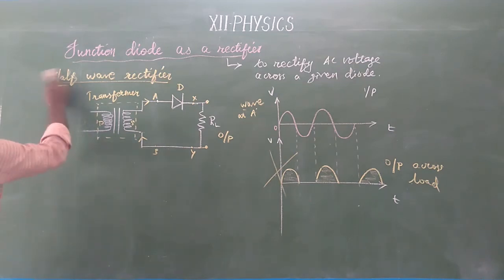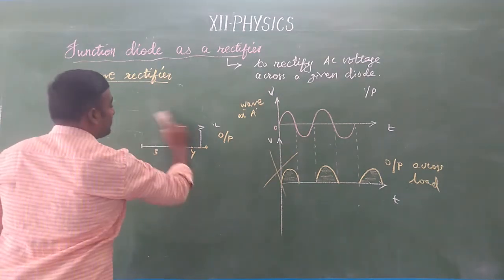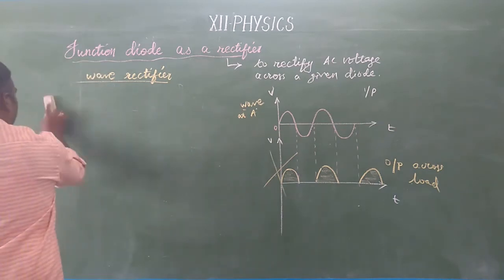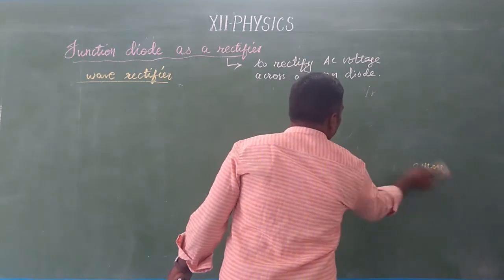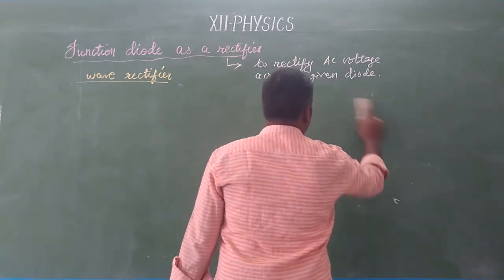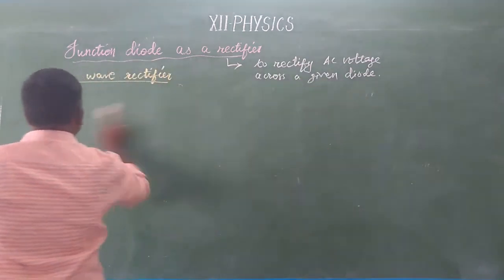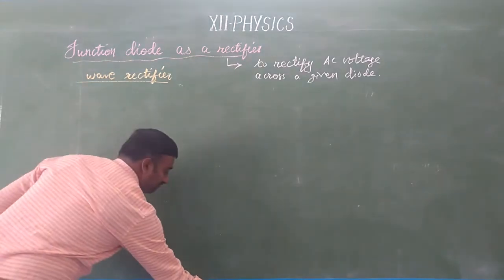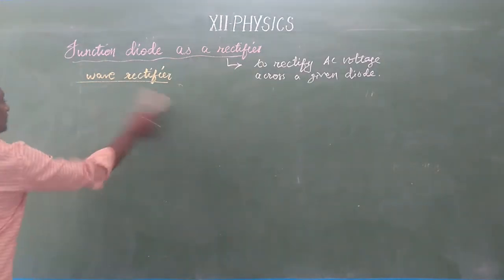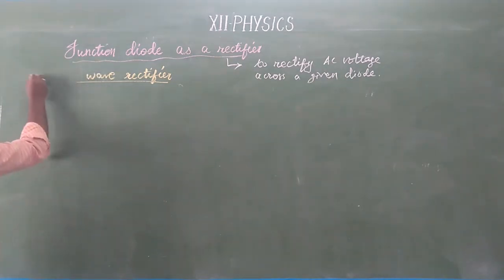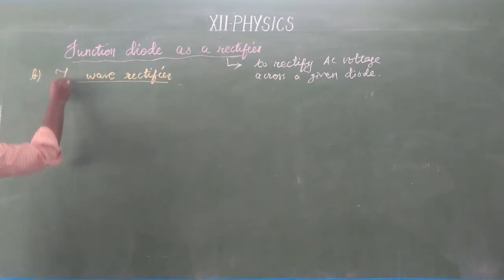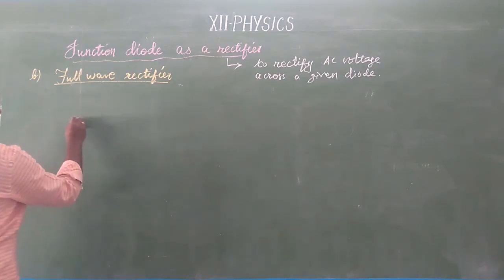Listen. The second one is the full wave rectifier. So how is the full wave rectifier operated? In a full wave rectifier, the same AC input is given.